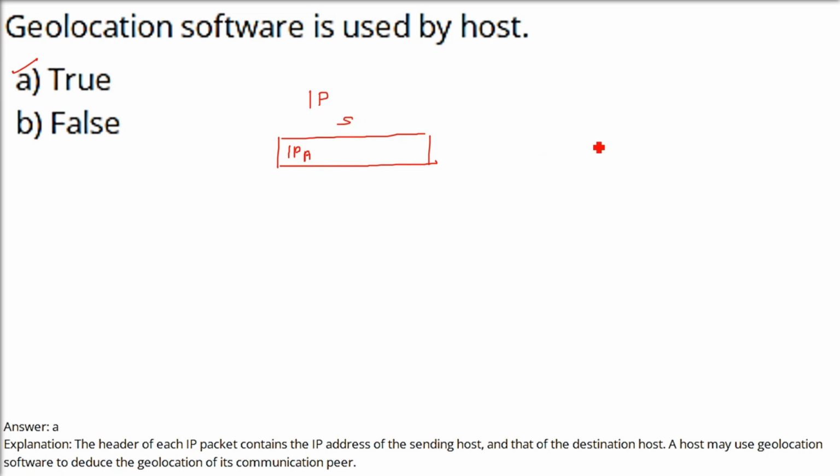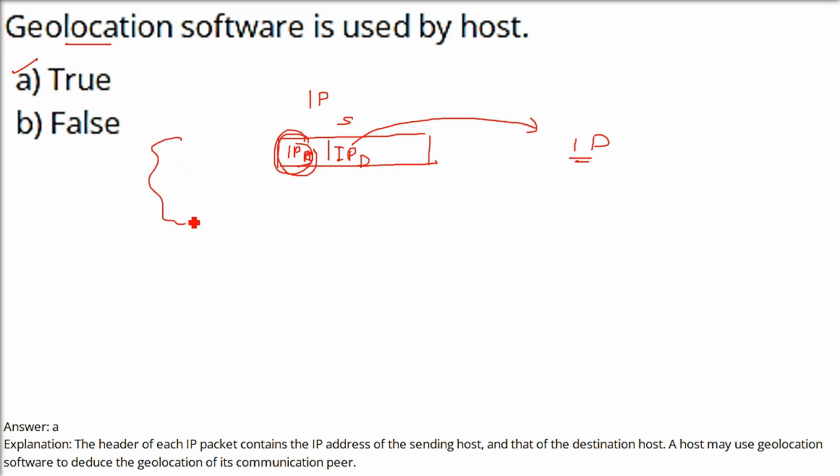So when we have the destination IP, can you locate that IP? If you have any geolocation software, you can find out the geolocation of its communication peer. So this is IP-S, the IP of source, and IP-D is the IP of destination.